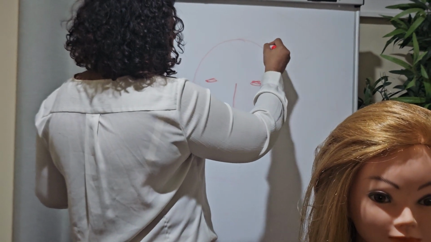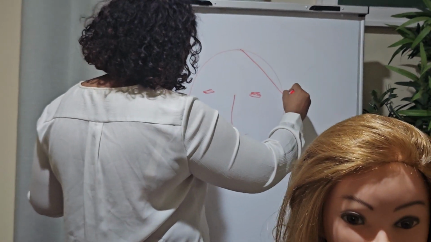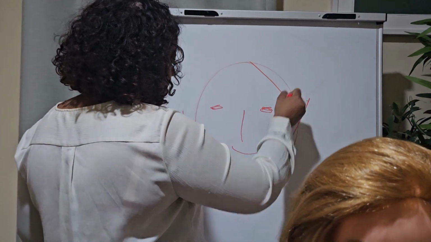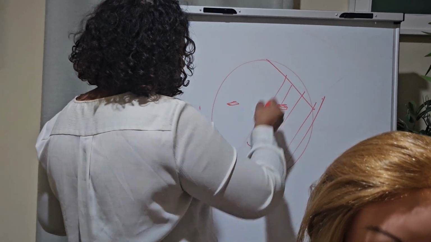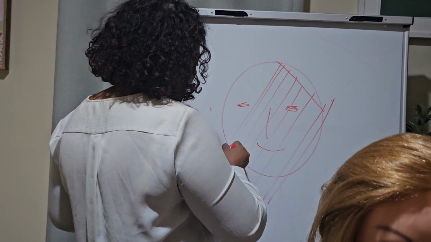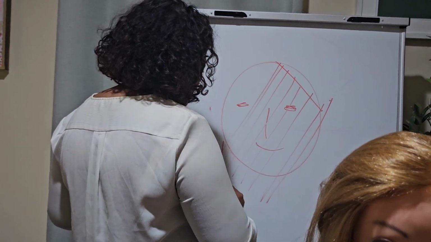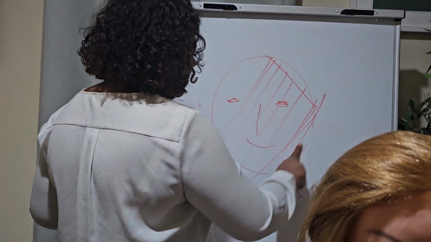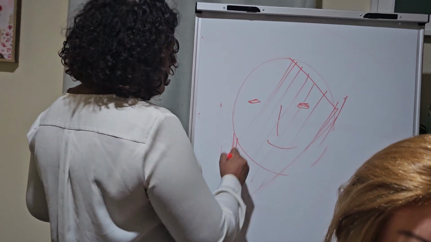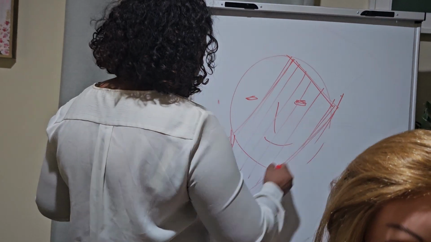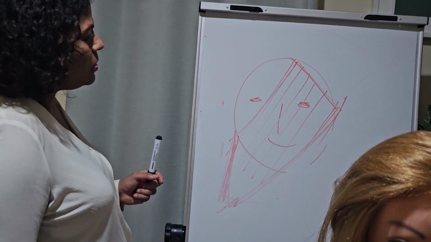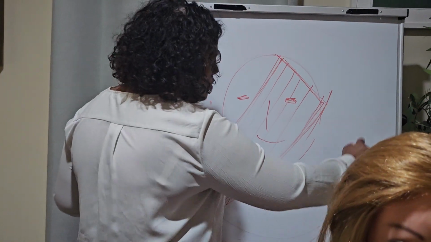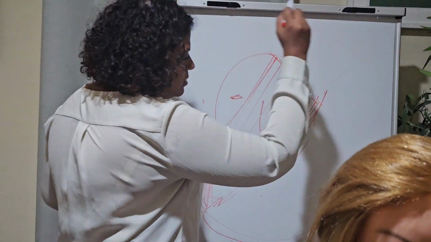I took this parting and I pulled the hair to the front, and cut it this way. So then this created the hair to go behind.